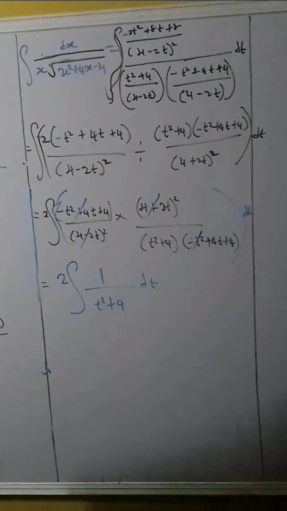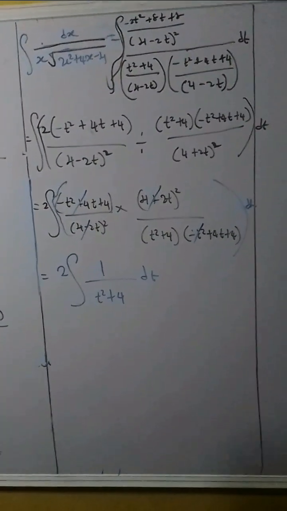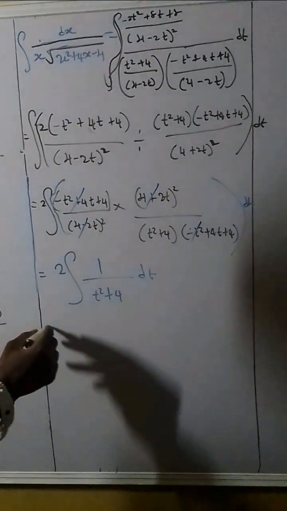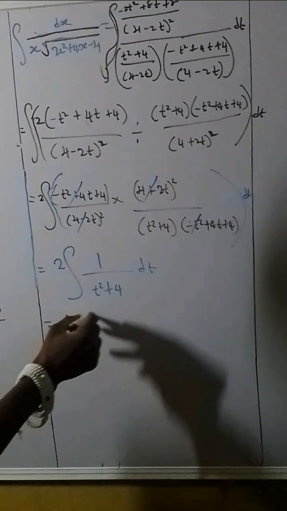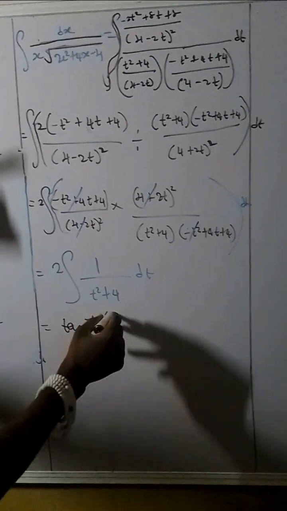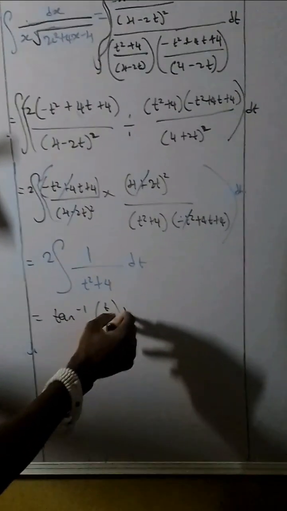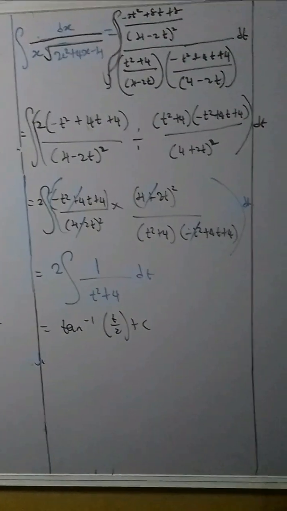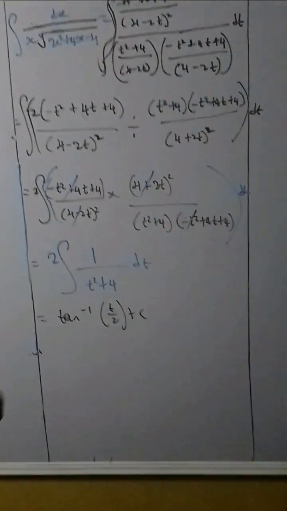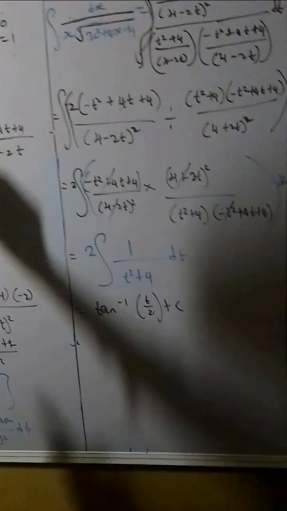Without wasting our time, this will actually be equals to tan inverse of t over 2 plus c. But we are not done yet. We have to know our t. And I told you guys that this s plus t is just the same thing as something you have here.